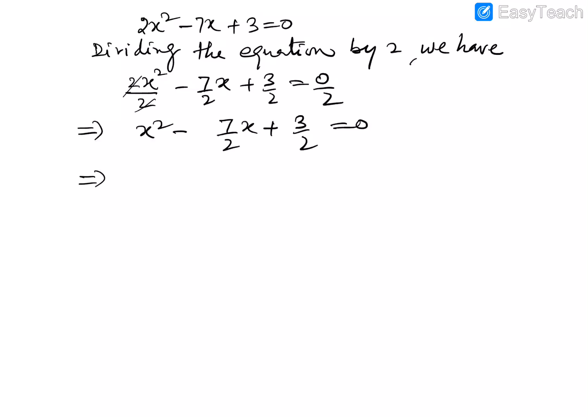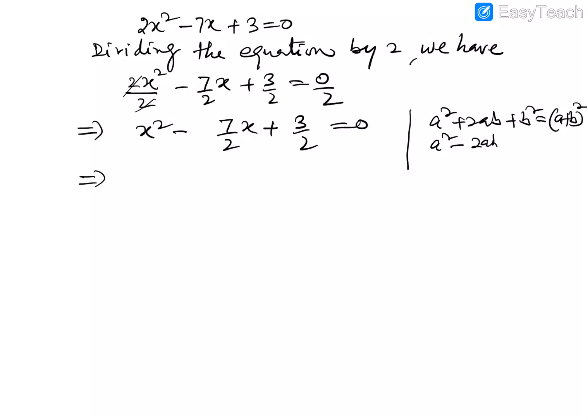Now we have to change this equation as the square of some expression. We know that a square plus 2ab plus b square is a plus b whole square.